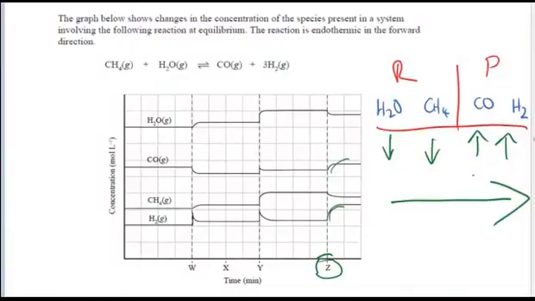Now obviously, if we've got an increased amount of CO and H2, we know that the equilibrium has shifted to that side. And we're also told that this is an endothermic reaction.